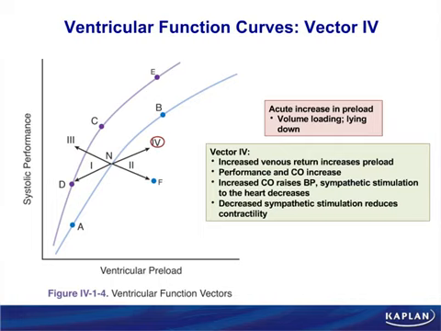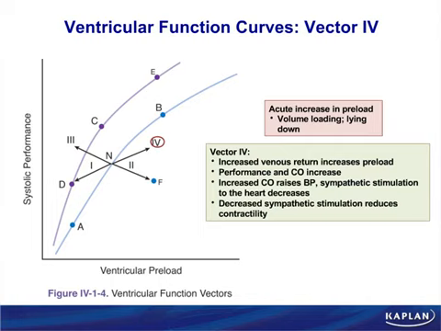So I reduced contractility that caused preload to go up and performance to go down. More specifically, performance went down, which backed up the system to cause an increase in preload. However, vector 4 has less contractility, but there's less contractility because we had a reflex change in sympathetic outflow. The initial event was a Frank-Starling mechanism, and that's how we can differentiate.